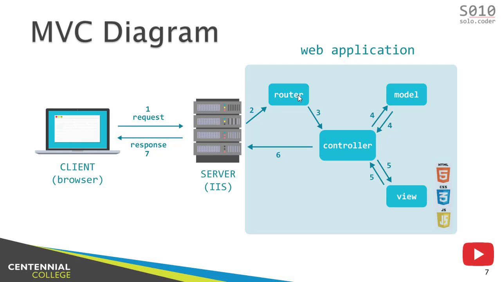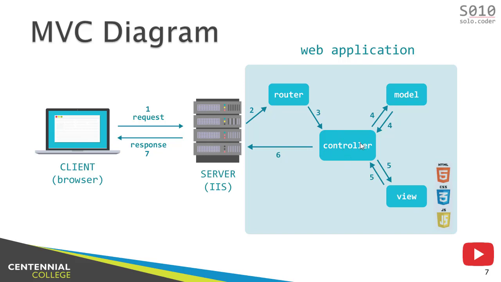We don't need to code a lot on that one. It's already pre-built, already done for us, but we just need to use it. The router is the one that understands the URL, breaks it down, and knows where to send the message to.